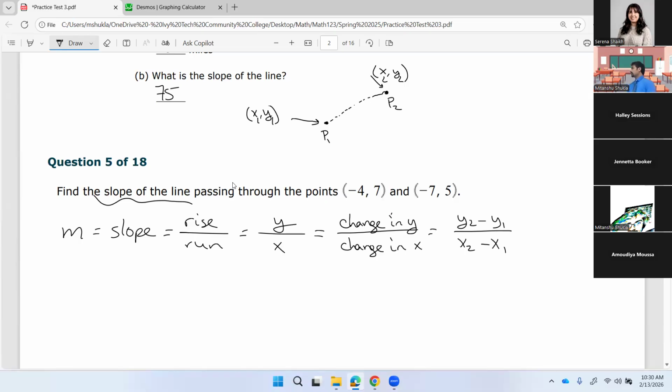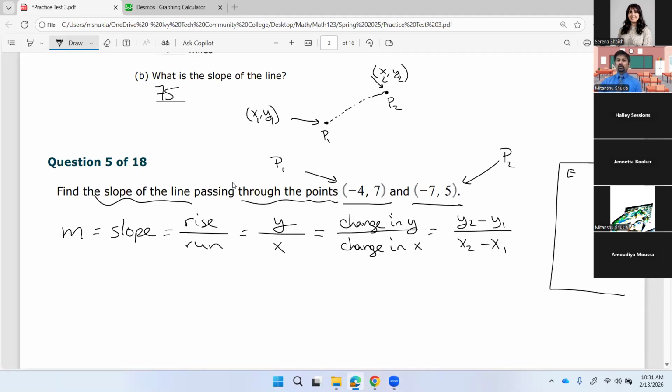So how does this information translate to a problem like this? Well, I have points. I can just call this P1. I can just call this P2. And we know that every point, let me write that down somewhere, every point always looks like some X comma Y. Always, no matter what.